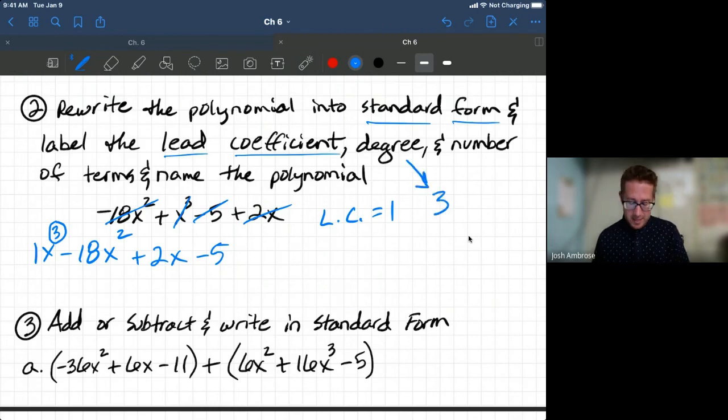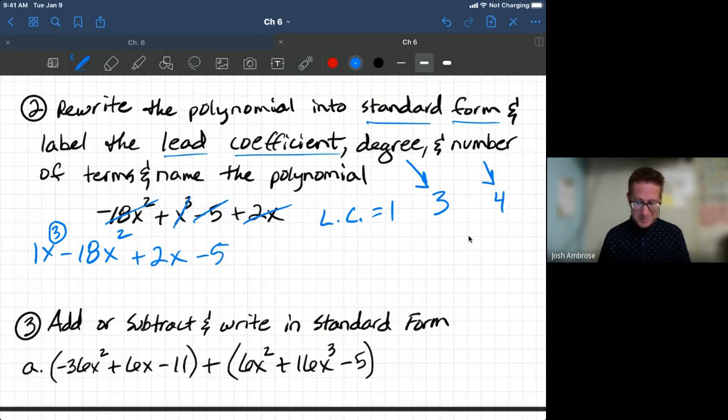Number of terms. How many terms do I have? Well, I see 1, that's with the x cubed. Then the 2 is with the 18x squared. The 3rd term is the 2x. And then the 4th term is just that minus 5. So there's 4 terms.